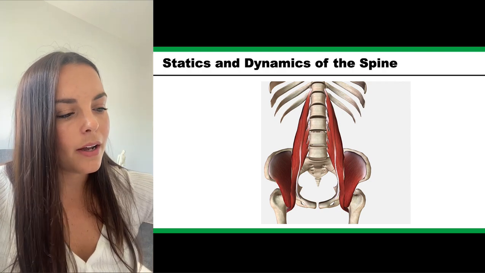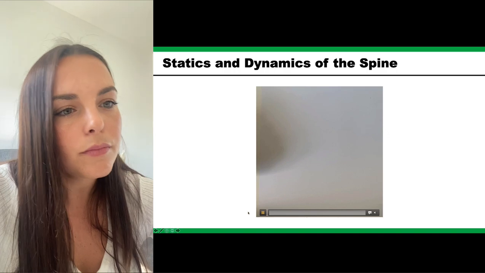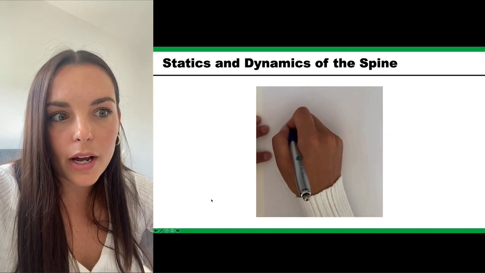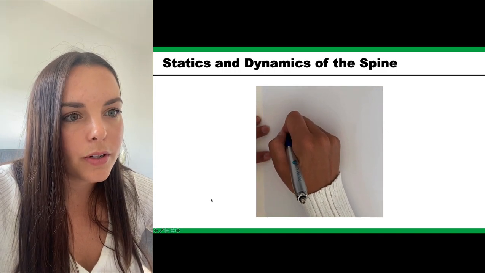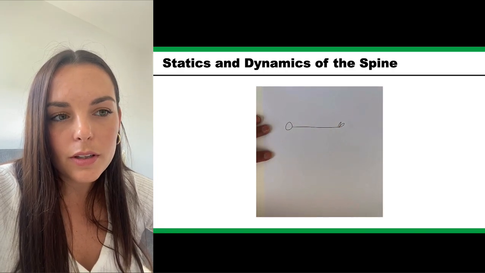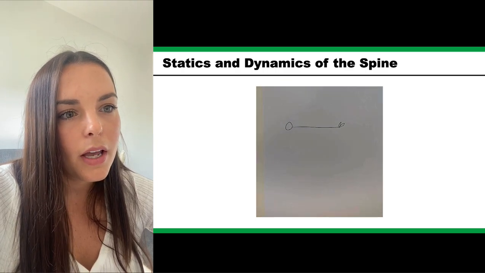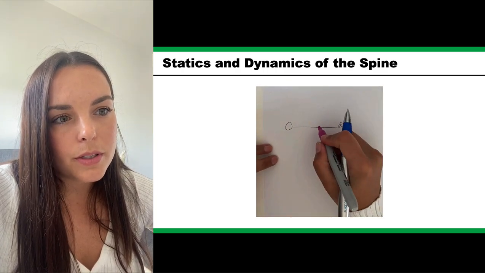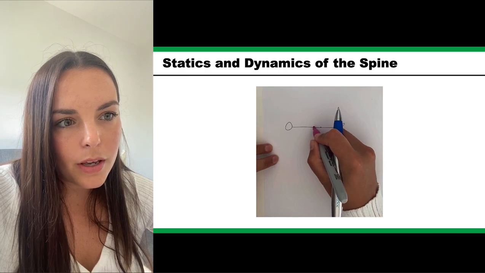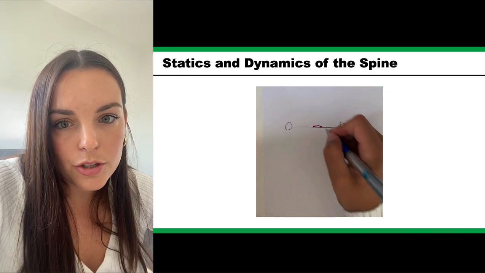Let's have a look at this next drawing I have done. So if we draw someone lying down on their back, we're going to draw a little head here, there's the body, there's the feet at the end. Now when you're lying down straight, we can pretend there's a pillow underneath the curve of the back. What happens is this iliopsoas muscle, if I draw it on with pink here so you can see it clearly, is being stretched.